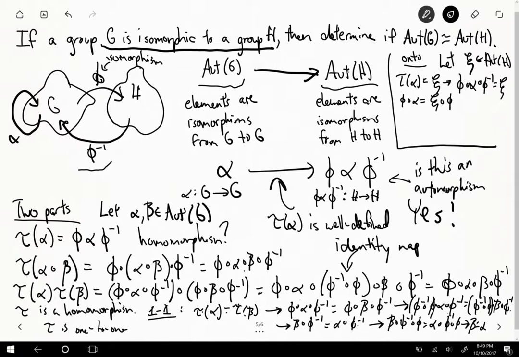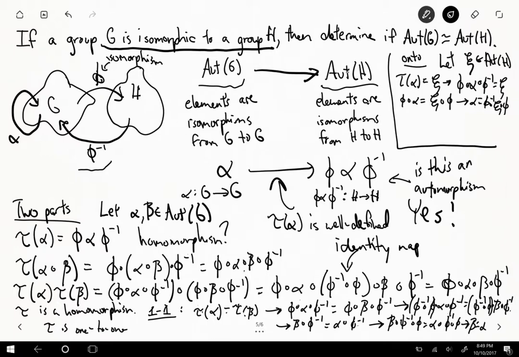Now we're going to finish with doing a phi inverse on the left. So alpha equals phi inverse composed with tornado composed with phi. Alright, so let's make sure that this is an element of G.